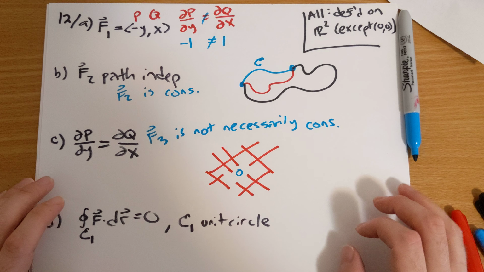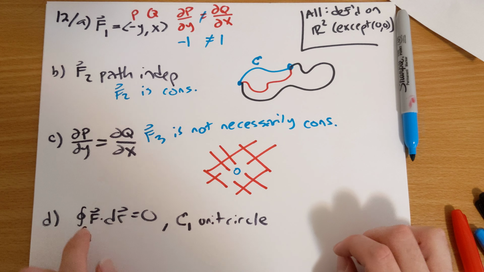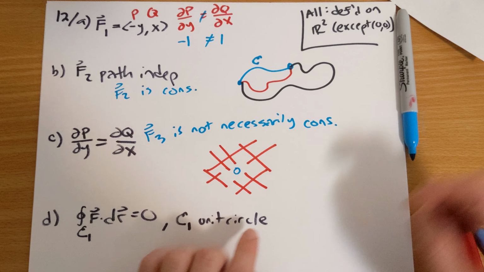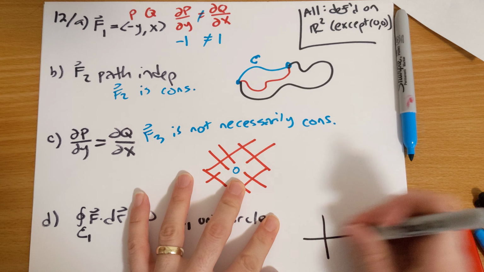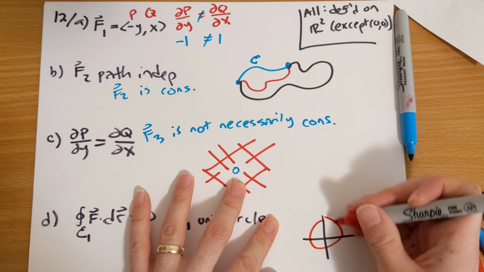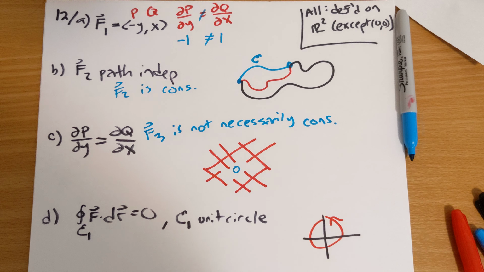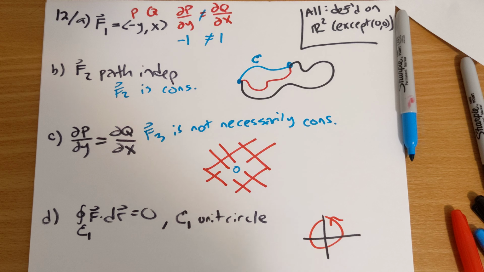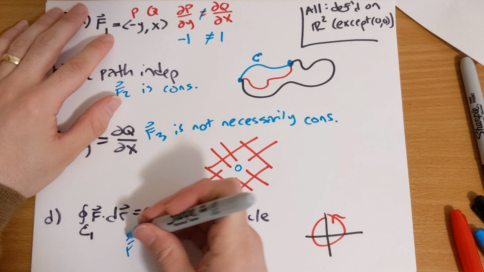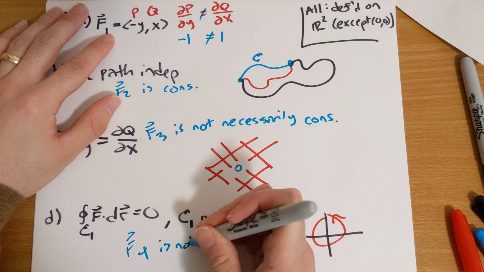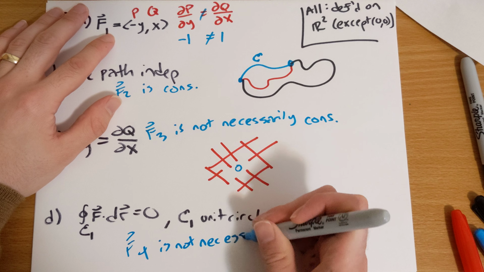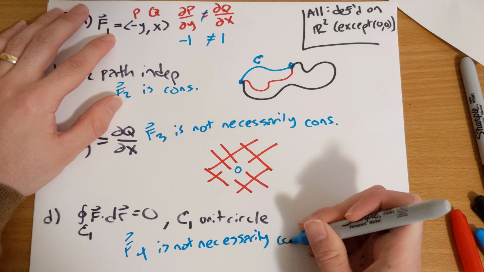And then finally, F4 has the property that for the unit circle, C1, so let's draw some axes right here. Here's our unit circle. The line integral around C1 is equal to 0. F4 is not necessarily conservative.